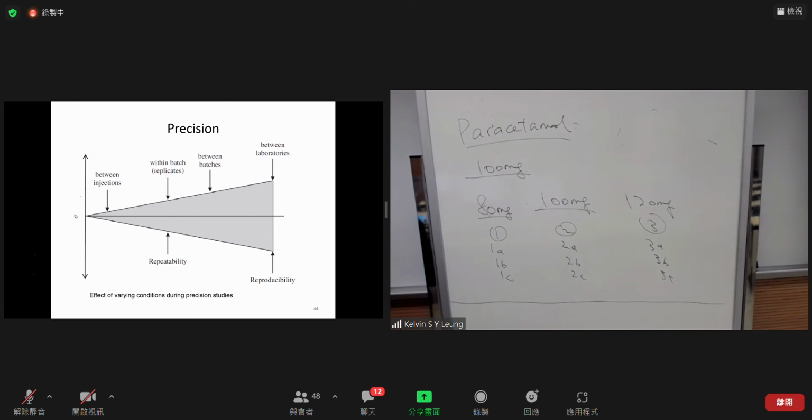In the precision, I have mentioned for the accuracy, you will have 9 determinations across 3 concentrations, 3 replicates. I take an example in the pharmaceutical industry.